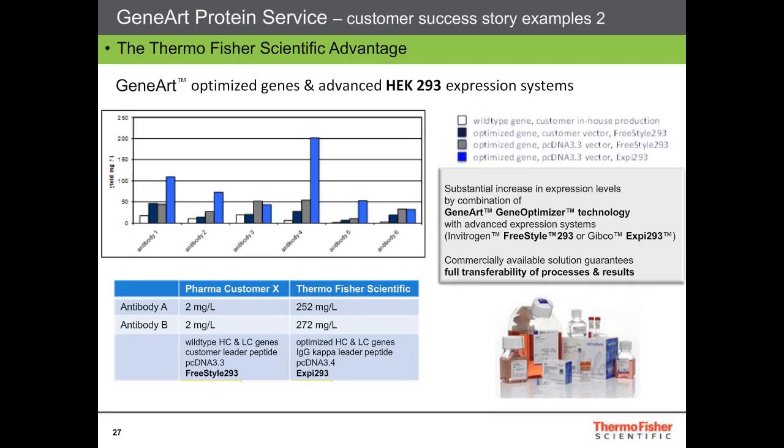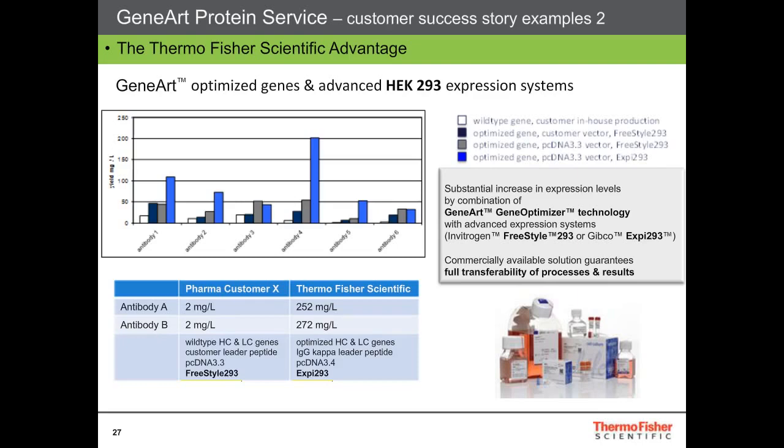We then also tested the very same setting, but switching into the expression plasmid, which is actually the plasmid recommended for the Freestyle 293 system. And again, this gave an expression boost for at least some of the targets that we were testing.